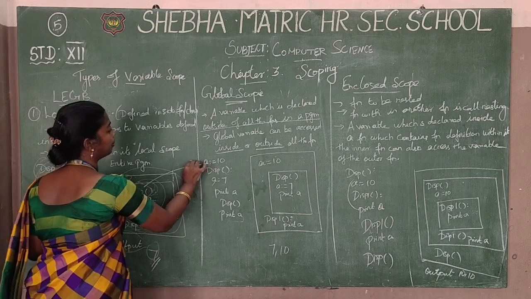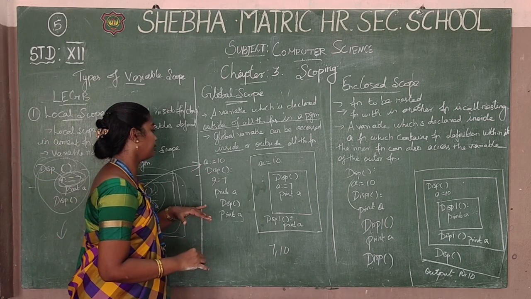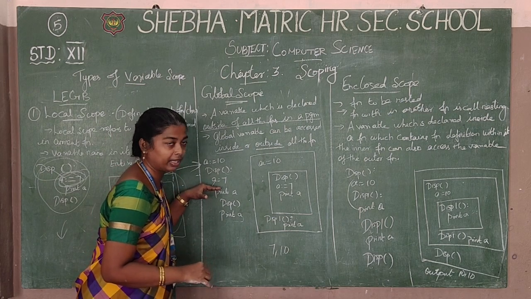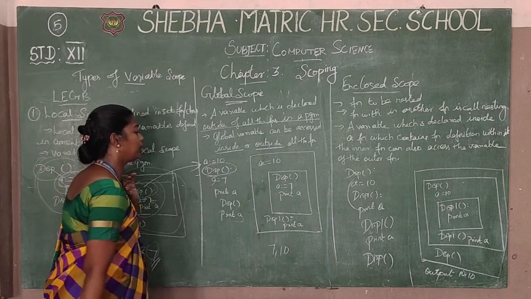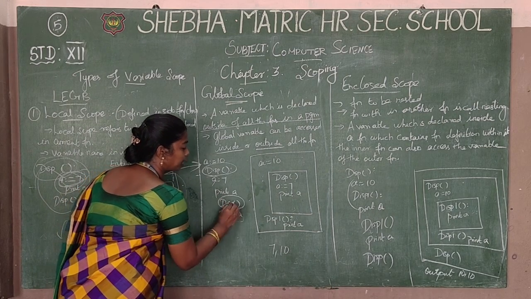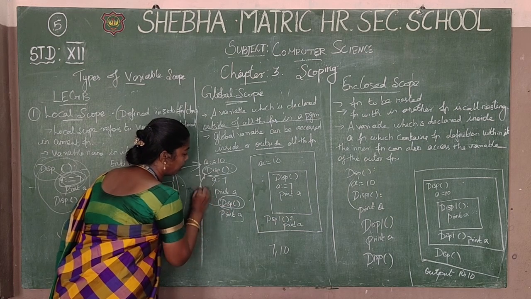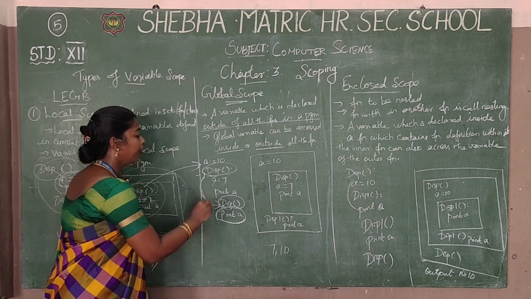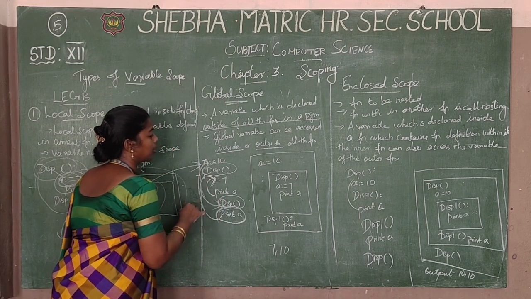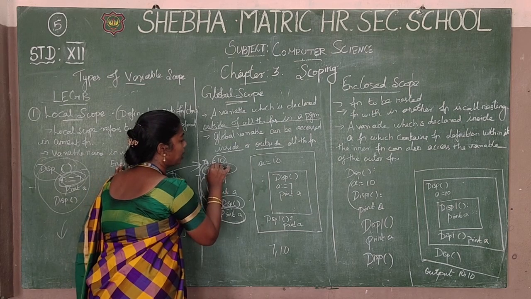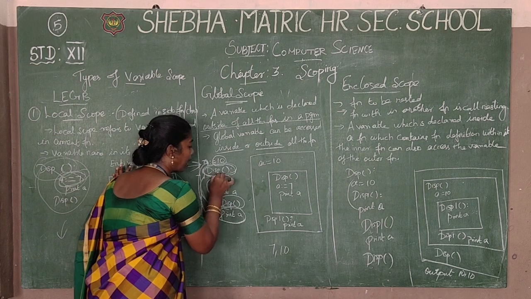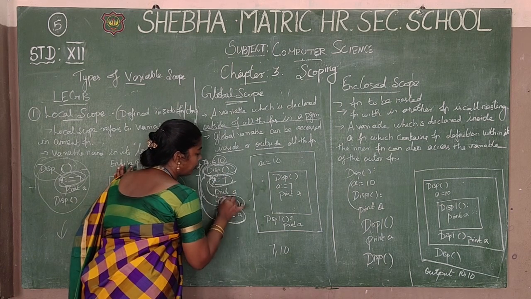Same example: a is equal to 10, then a is equal to 7 inside the function, then print a, then call the display function, and another time you can write print a. The first output is 7, then the output is 10. Why? First the declaration is 10, then the function declaration, then another variable is declared, then print a.